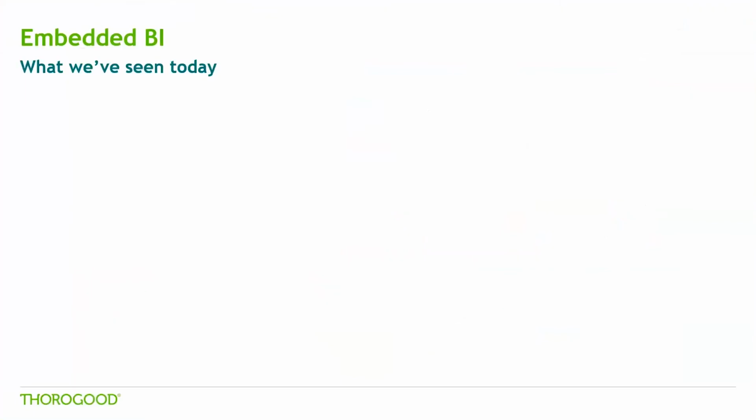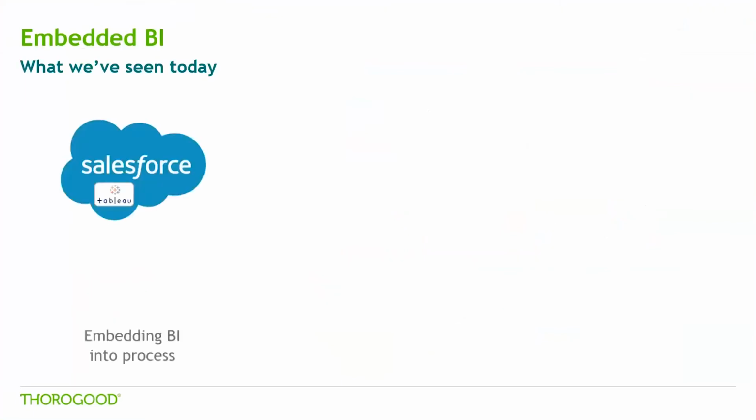So that was my third scenario, and I'm just going to recap on what we had a look at. The first example was where I embedded my BI tool into my process, and in doing that I managed to use the power of something like Tableau to investigate my data, and when I found an insight I could simply click and be taken to the right place in Salesforce without having to make those repeated selections.